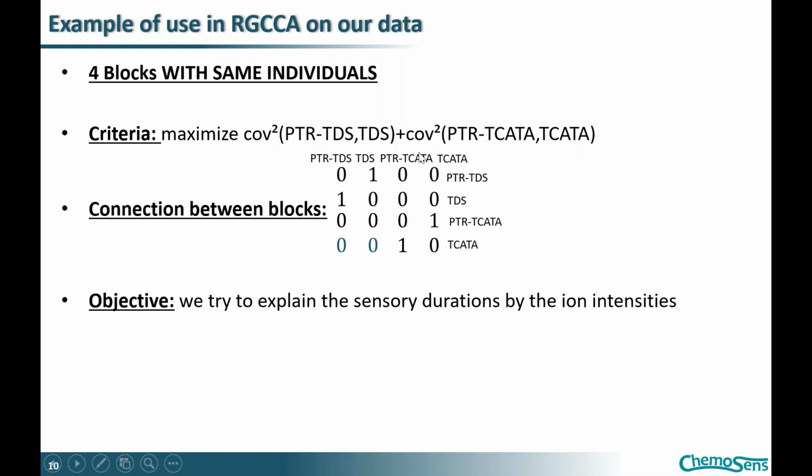So what does it mean? That means that the connections between the blocks correspond to this matrix. You can see that here you have 1 when the blocks are connected. So TDS here is connected to PTR TDS and not to the other blocks. And the objective of this criterion is that we try to explain the sensory durations by the ion intensities.